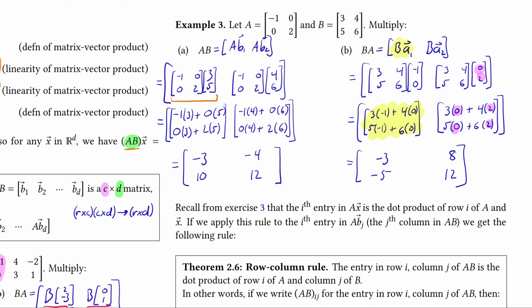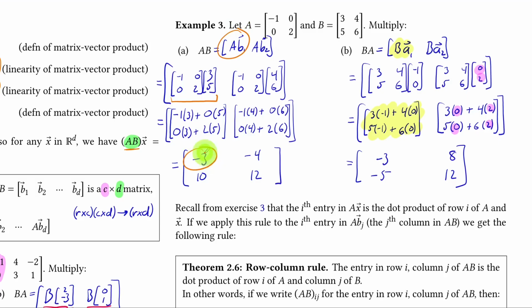Now, I've been trying to write this out in a way that illustrates why the row column rule is true. The basic idea is that each one of these entries, let's say this negative 3, we get that by doing A times B1 and looking at the first entry. And what are we multiplying together to get that negative 3?